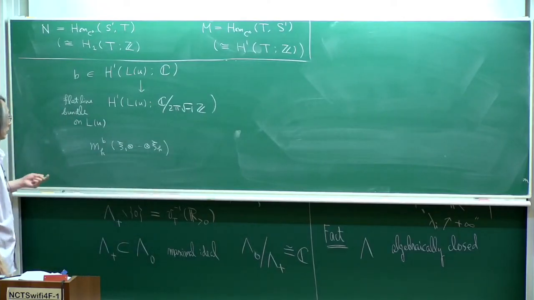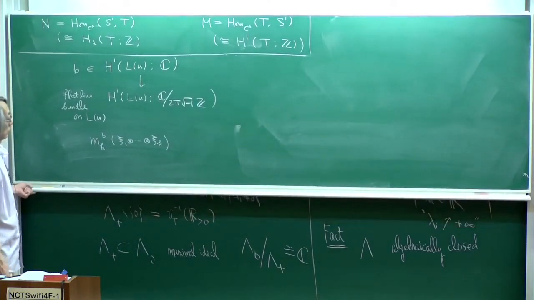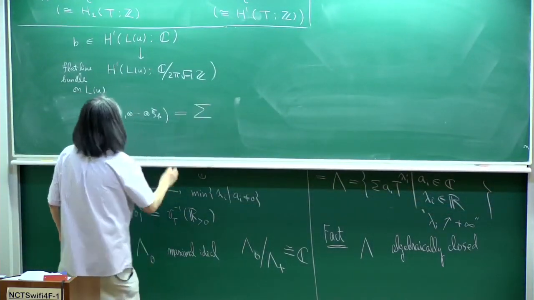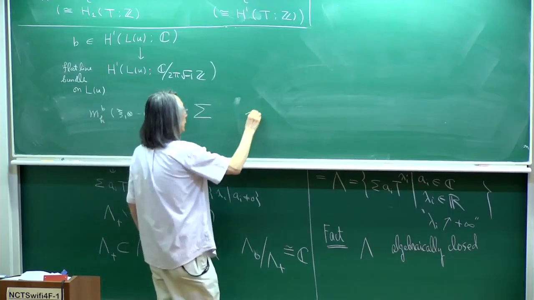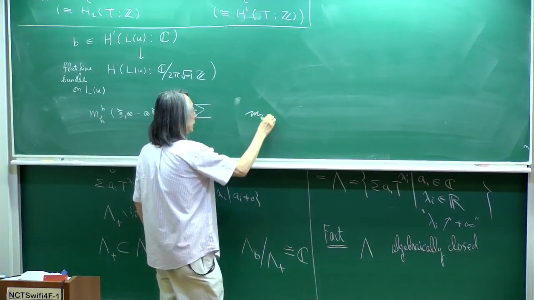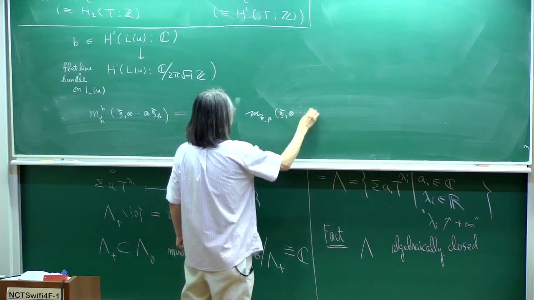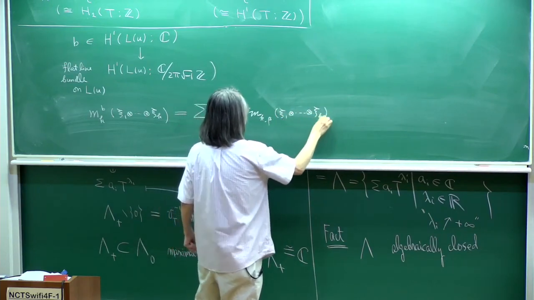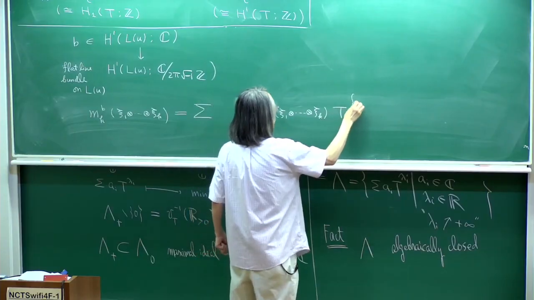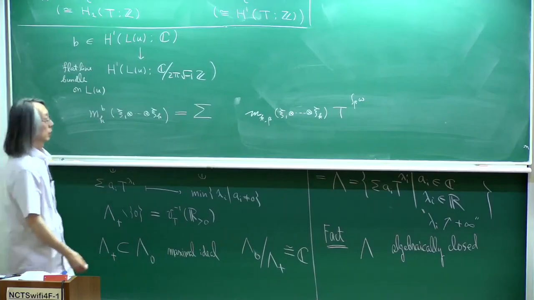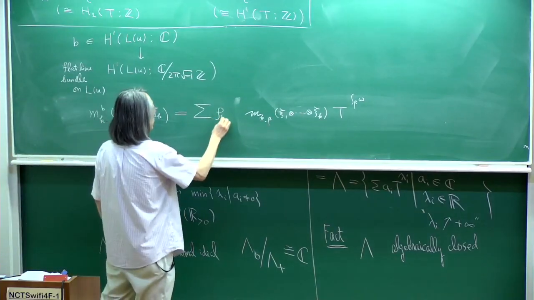And so this is a sum of mk beta of C1, ..., Ck and t to the beta omega. So that's the same thing, but we may just twist it by this.